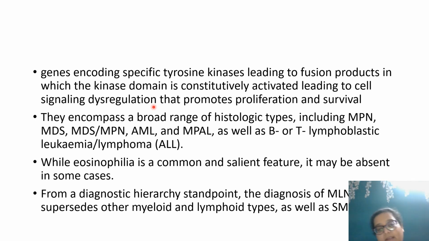Initially this entity was mostly PDGFRA, B mutated tumors and FGFR with eosinophilia. Now it encompasses MPN, MDS, MDS-MPN, AML, MPAL, and even B or T lymphoblastic leukemia. So now this has become an umbrella diagnosis. It has broadened its horizon. While eosinophilia is common, it may also be absent.